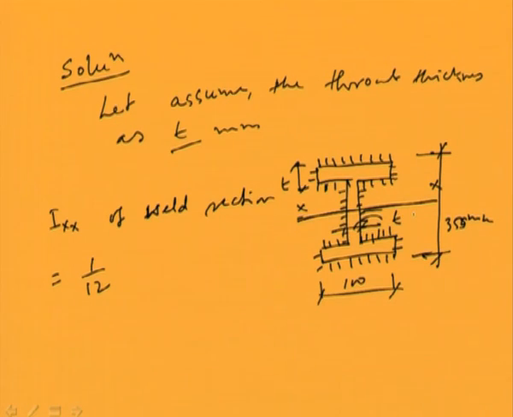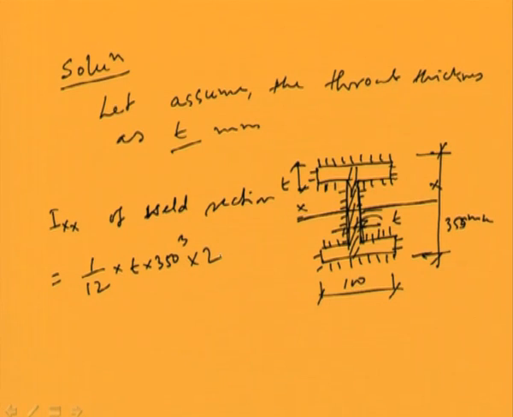So, first, if we see this vertical portion, we will get 1 by 12 into t into 350 cube, and two faces are there, so this will be into 2.